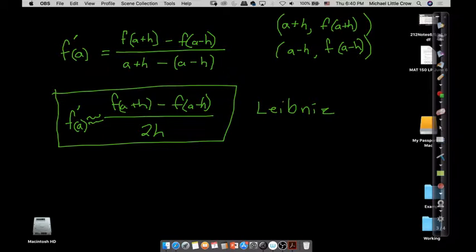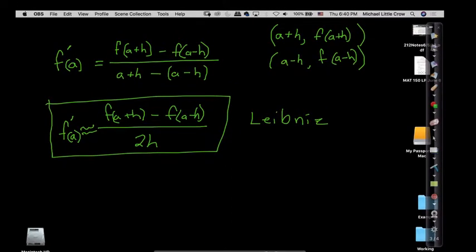But Leibniz came up with this notation where, when he did the derivative, he started with thinking of the derivative as the change in the function value divided by the change in x.